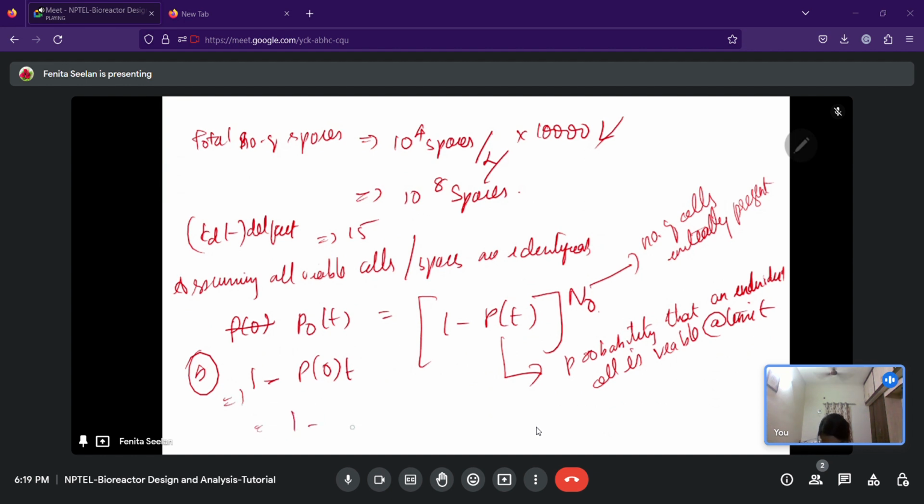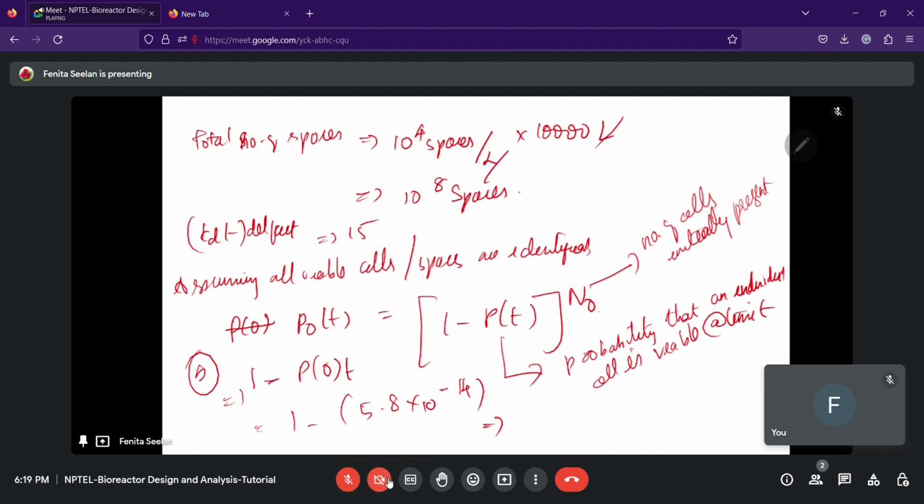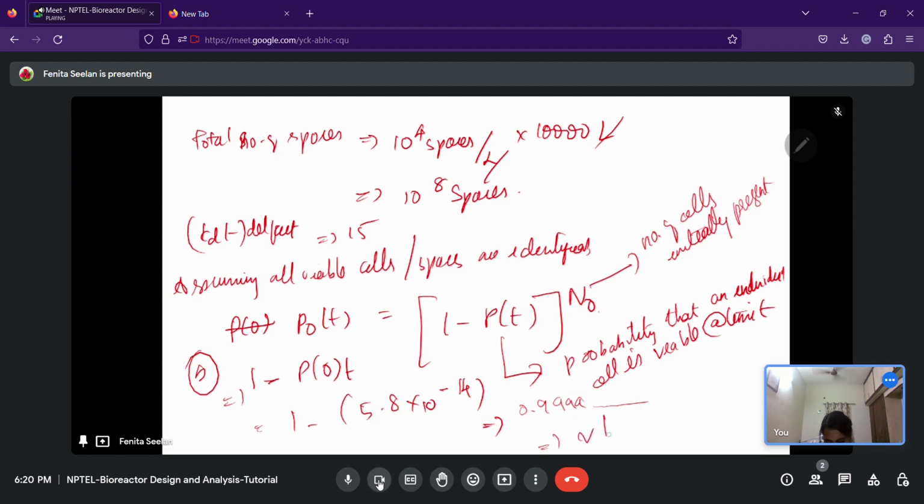So 1 minus 5.8 into 10 power of minus 15 would be somewhere around 0.999, which keeps on going, so we can consider this approximately one.